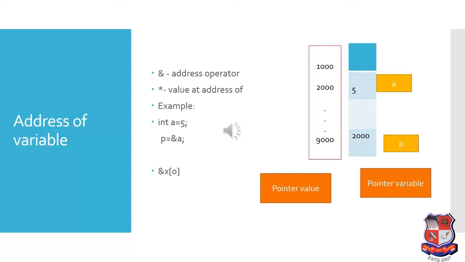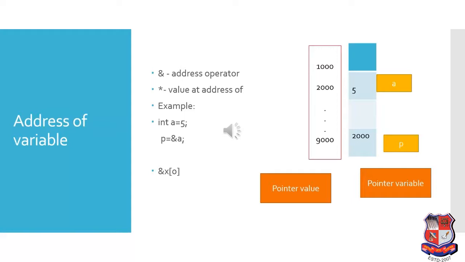So let us say 2000 is the memory location where a is stored. Look at the diagram now. We have a variable, and in the memory the value 5 is stored at location 2000. Now if I write ampersand a and try to display it, what will I get? I will get 2000.